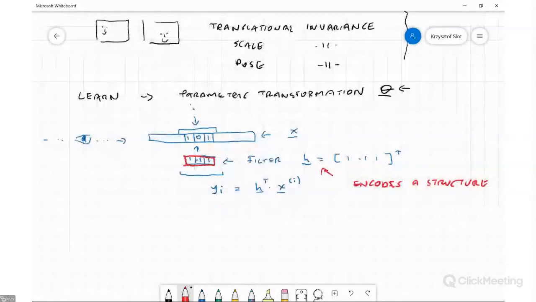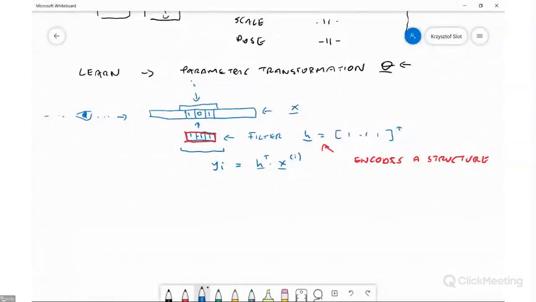The thing is that I won't know exactly the entries of this filter, because this is what I will be learning. This filter will have, for example, 3 components. So basically, this will be a parametric transformation that I will be trying to learn.